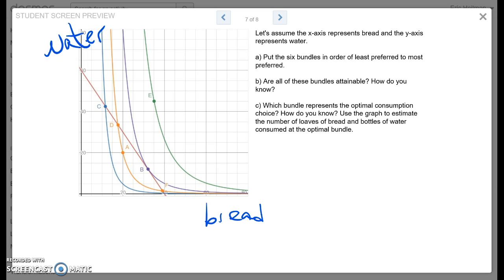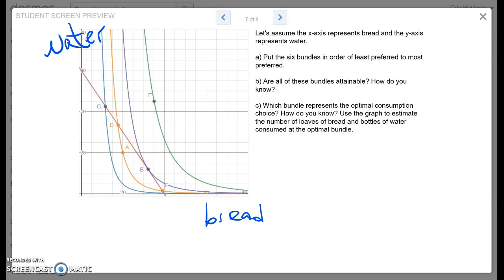Okay, anyway, so there are six bundles that are potential consumption bundles on the graph here. For part A, I want you to put them in order of least preferred to best preferred. Part B asks you which of the bundles are attainable and which are not, meaning which ones are feasible for you to even get to.